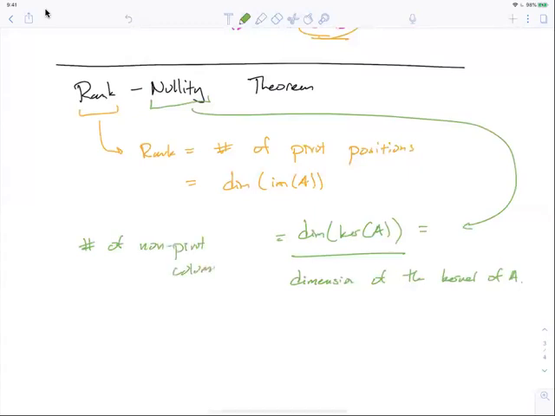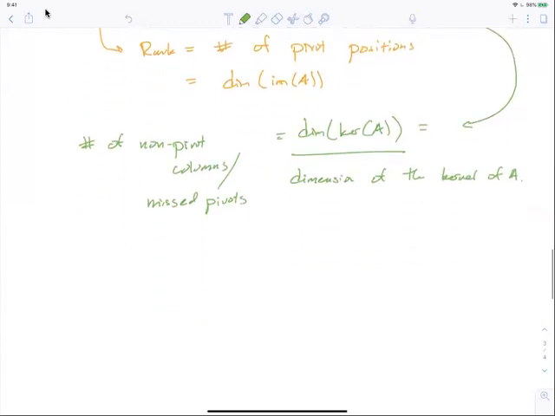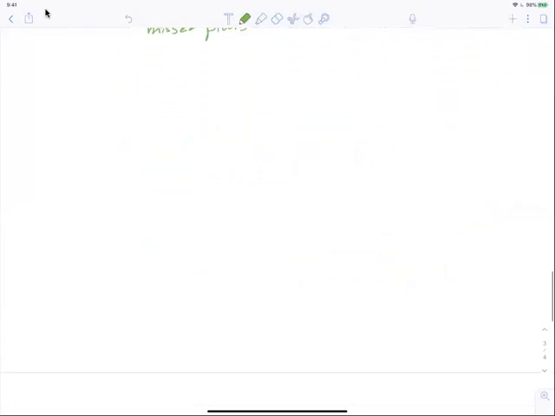Number of missed pivots, maybe that's a better way. So let's just draw a little picture, do a quick example.